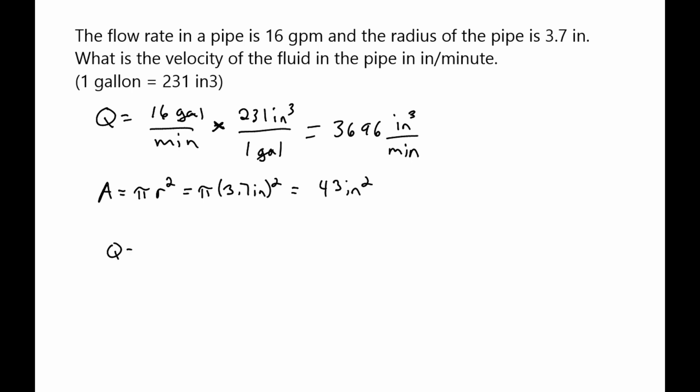Then we do Q equals area times velocity. And our Q is 3696 inches cubed per minute equals area is 43 inches squared. And our velocity is what we're looking for. So what's our velocity?